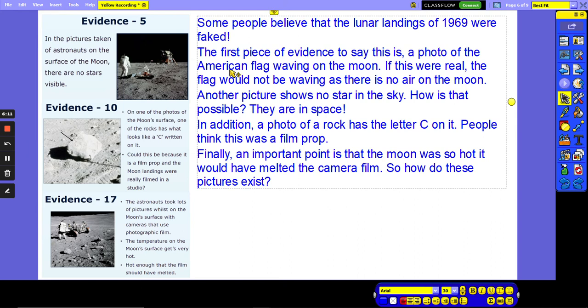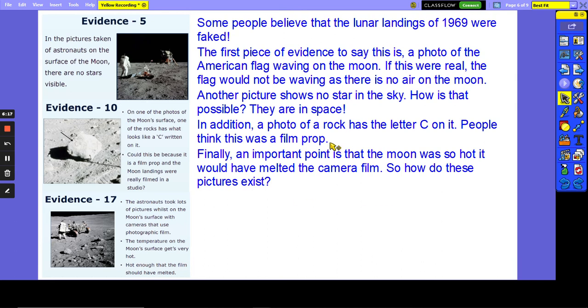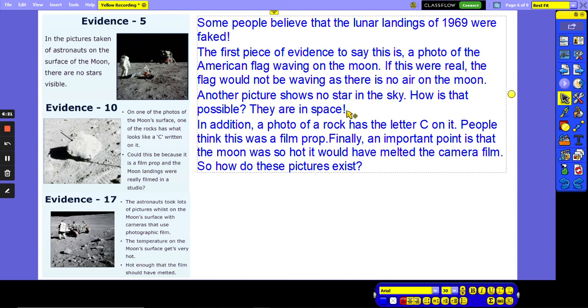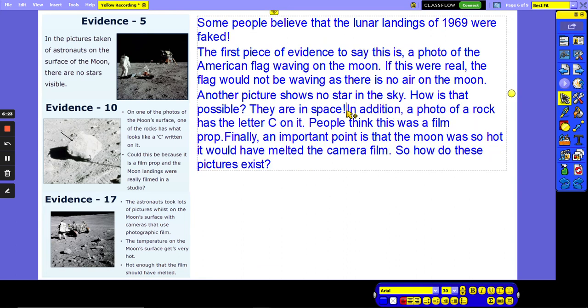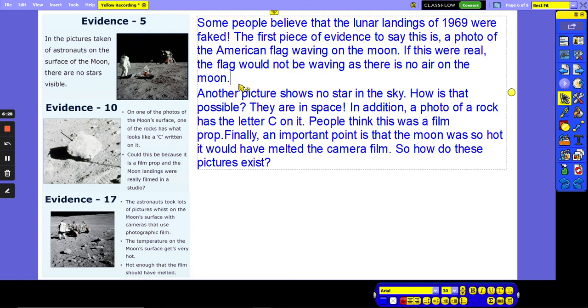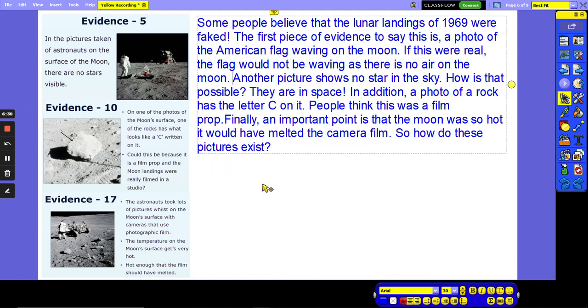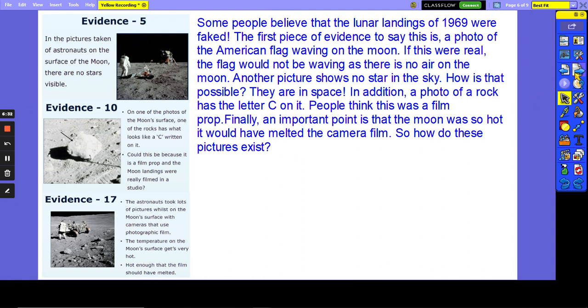So 1, 2, 3, 4, 5 points, 5 sentences in my first paragraph. And remember, that was me separating them just to show you the 5 separate points. But we continue writing until the end of our line as we are writing in paragraphs. So that is our first section, modelled to you guys about how the lunar landings were faked.